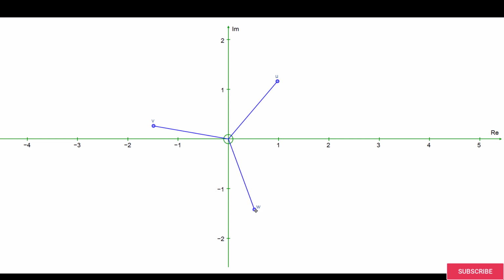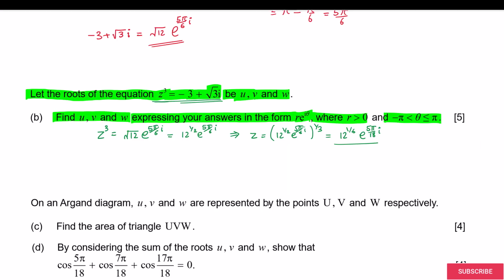The vector which represents this complex number, the angle between them would be equal. From here, if we take this as U, the complex number 12 to the power 1 over 6, e to the power 5 pi over 18 iota, then V would be at the next angle.